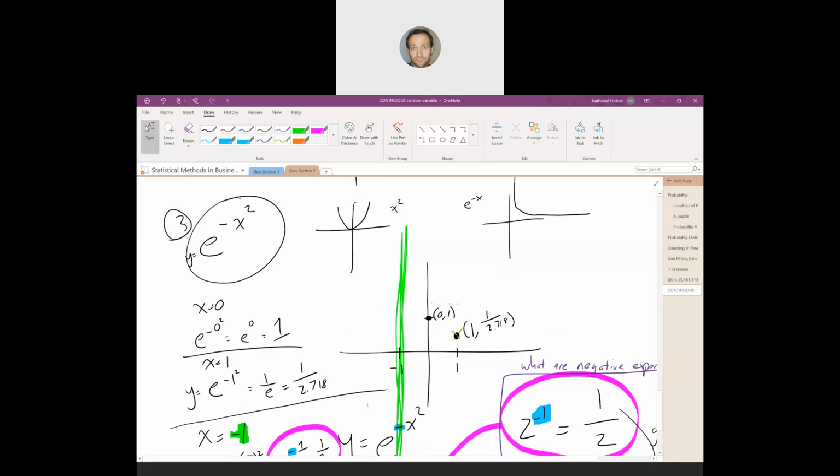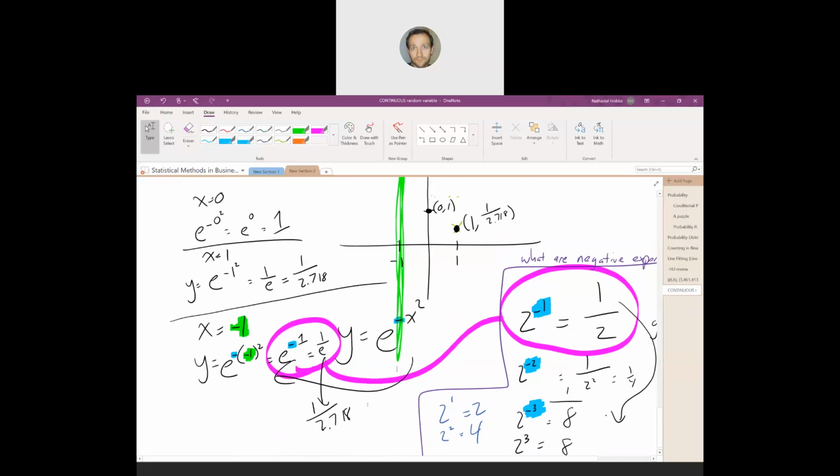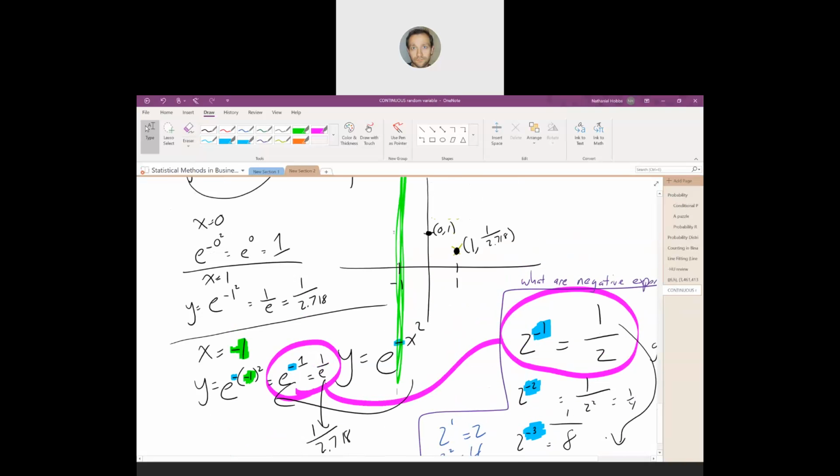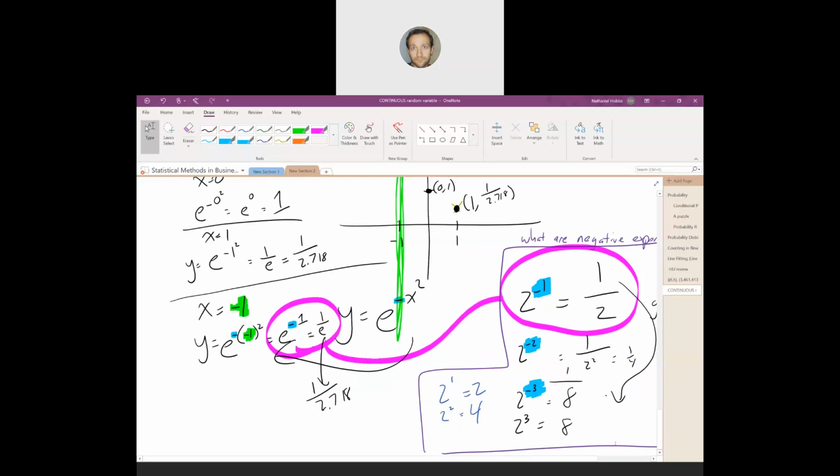So where is the point? How far up? I would think it would be at 1 because negative 1 squared would be 1. So e to the... no, 2.7. But it's e. Okay, hold on.